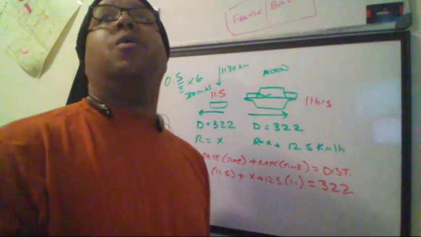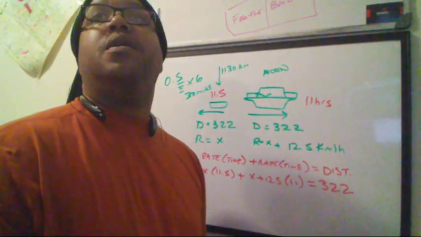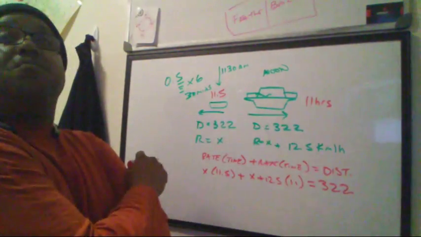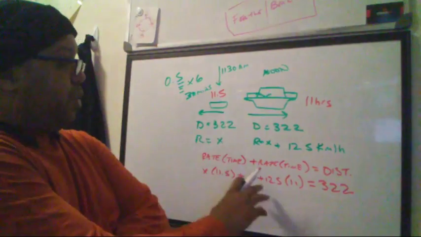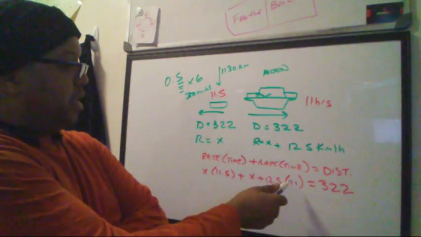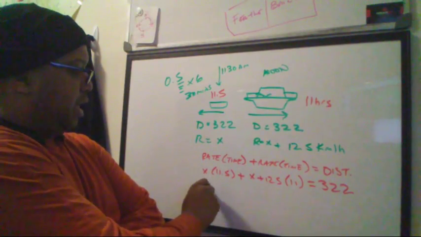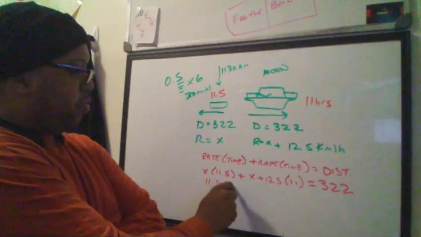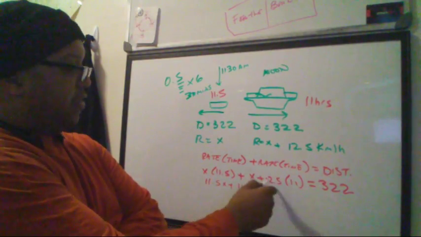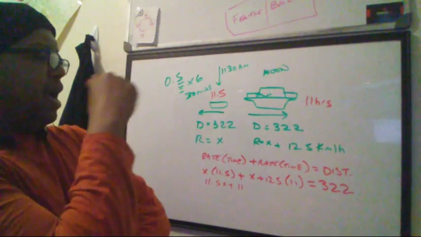All right, just want to make sure. Now, what we need to do is 11 needs to be multiplied by each one of these terms. This will be 11.5x plus 11 times x is 11x, and then 11 times 12.5 is, you guys help me out.